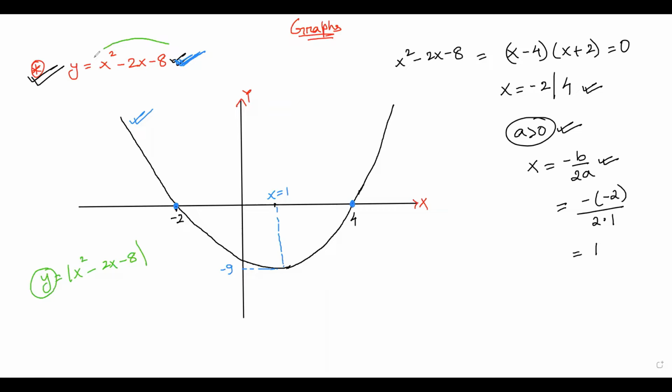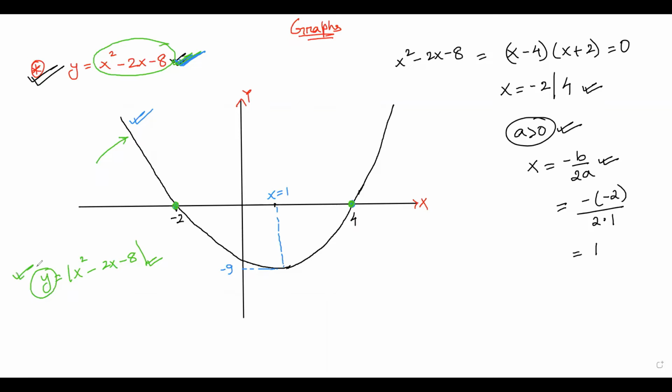So all the negative values of y in this quadratic equation will become positive in this one because of the modulus function. And we can see from this graph that from x equal to minus 2 to x equal to 4, the graph attains negative values.